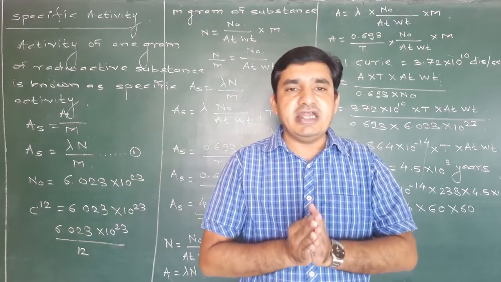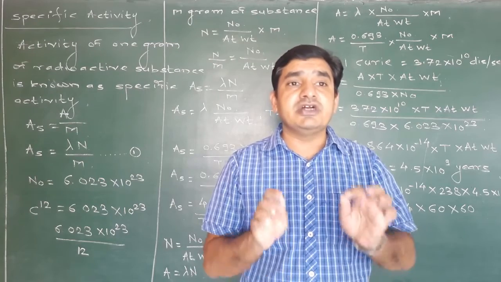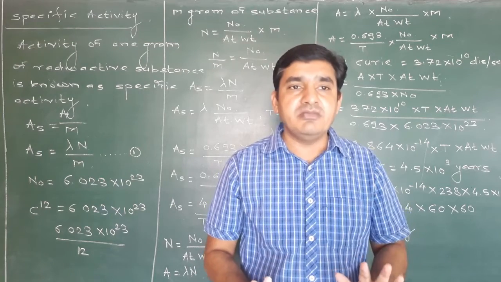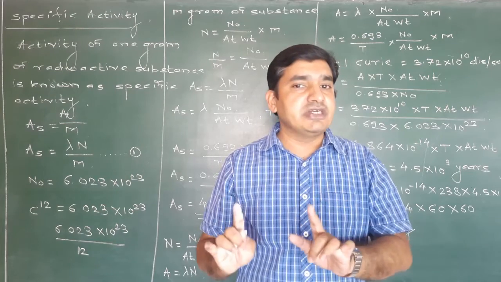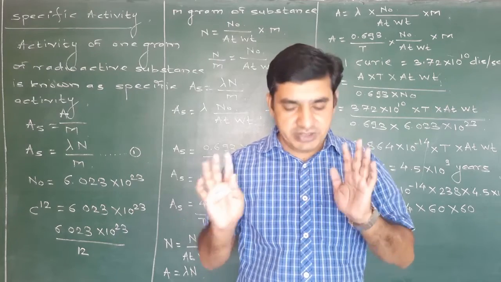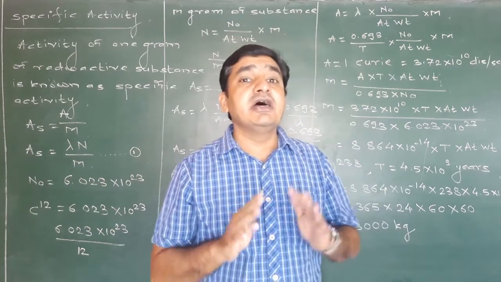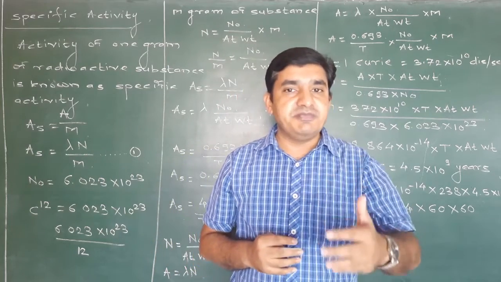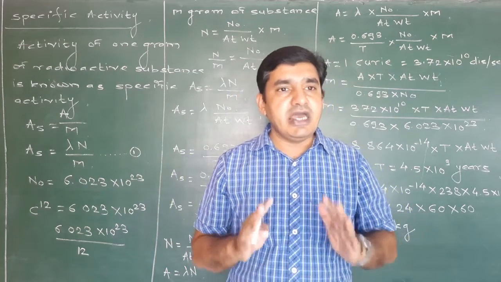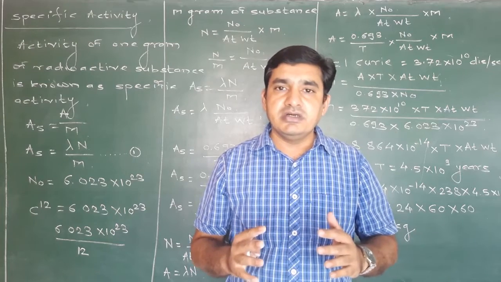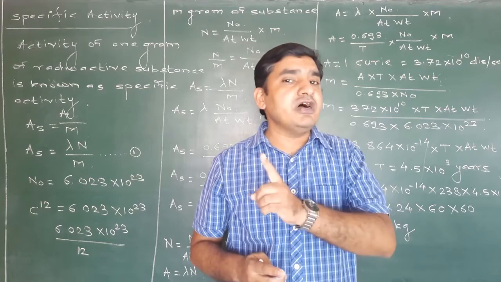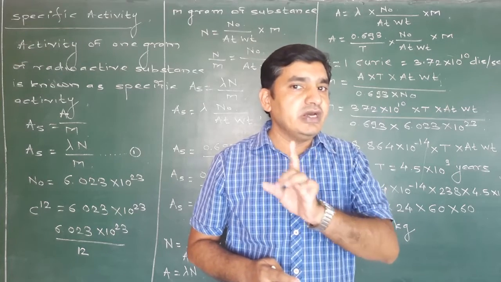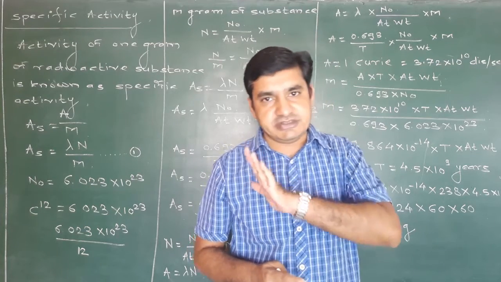This indicates that 3000 kg uranium will have activity equal to 1 curie. So this is related to specific activity and the mass of a 1 curie activity substance.